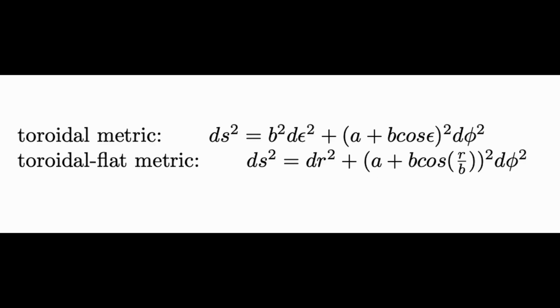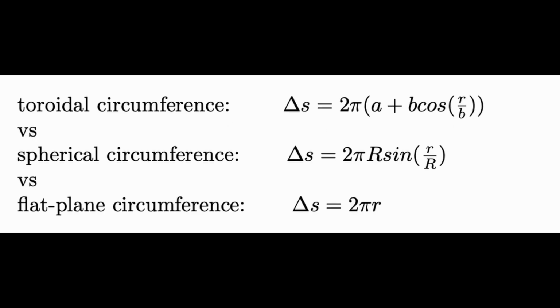After modifying the 3D spherical polar coordinates to create 3D toroidal polar coordinates, we produce the toroidal metric ds squared is equal to b squared d epsilon squared plus (a plus b cosine epsilon) quantity squared d phi squared. Now, flat earthers would not understand what this epsilon coordinate is, so we must define the 2D r coordinate this time as epsilon times b in order to get the toroidal flat metric. Once again, measuring the circumference will produce a different result from both the flat plane and the sphere.